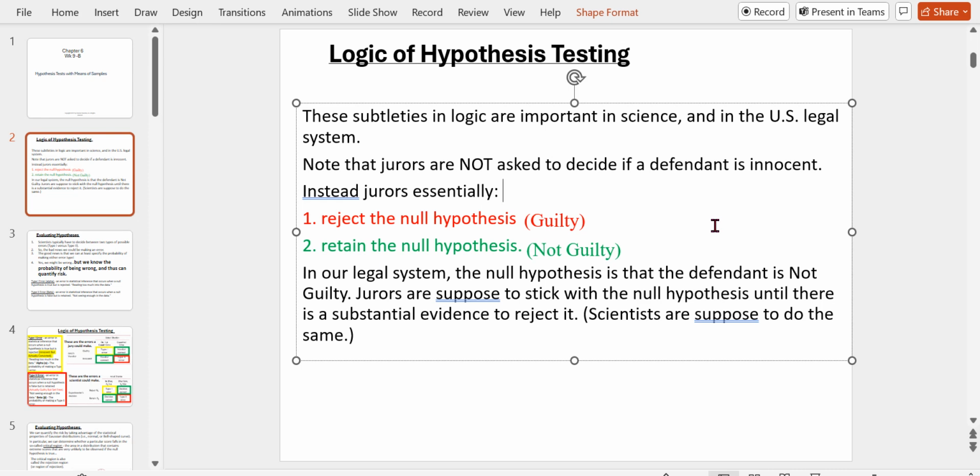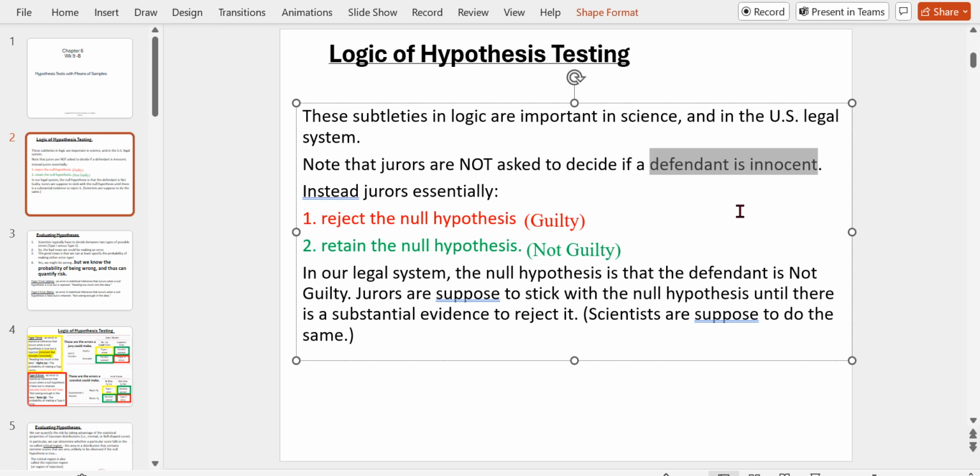The only thing that the judge is asking the jury to decide is whether you look at rejecting the null hypothesis or retaining the null hypothesis. What do these actually mean? You can't prove if anyone's innocent, but what you can decide is whether there's enough evidence to find them guilty.